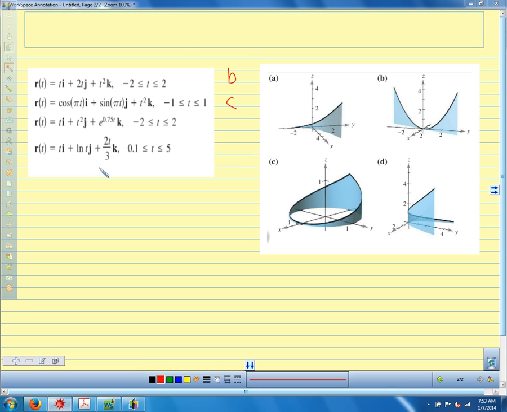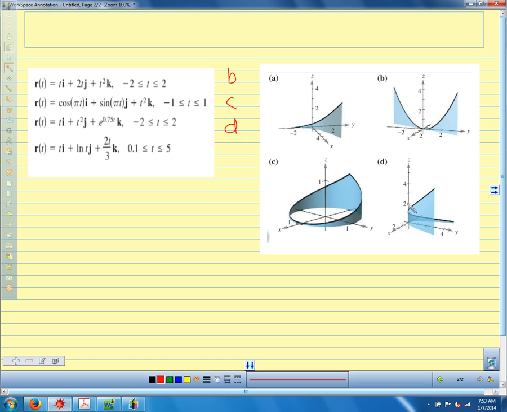So which one, just looking at these, is going to give us a parabola in the xy plane? D. This looks like it could eventually, but not really. So this one's going to be D. We get a parabola in the xy plane, and we get this exponential thing happening in the xz plane.